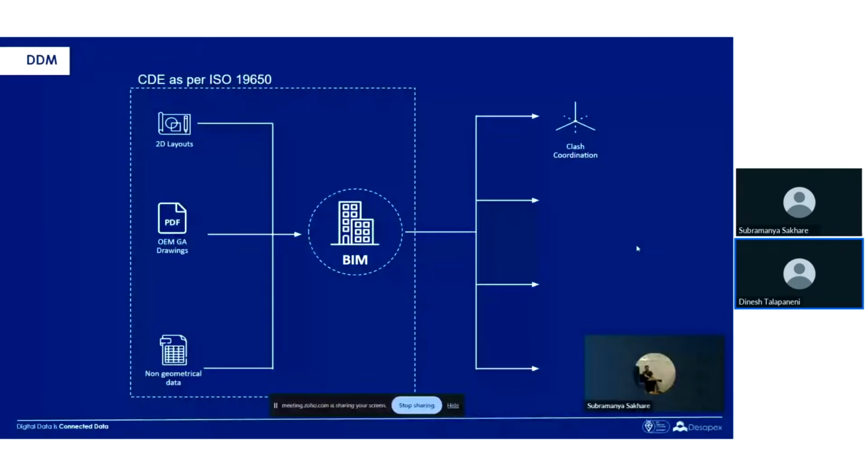When you resolve all the clashes, you get accurate element-wise quantities, and you generate the drawings from the 3D model, along with 4D and 5D services. I'll talk about 4D and 5D in the later part of our webinar. So these are the services we provide in digital design management.